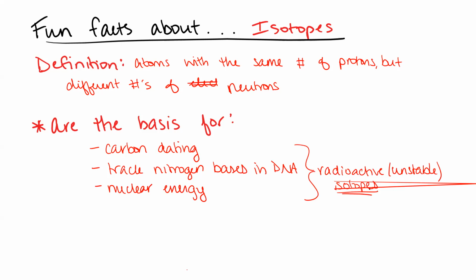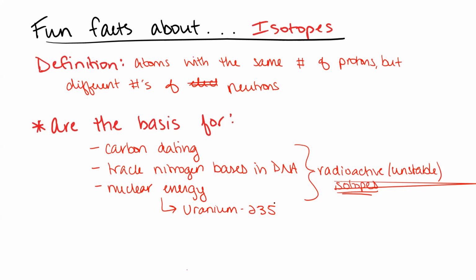For instance, with nuclear energy, we relied upon a very specific isotope of the element uranium when we were creating the very first nuclear bombs and nuclear power plants. We relied upon something called uranium-235, which means its mass number is 235.